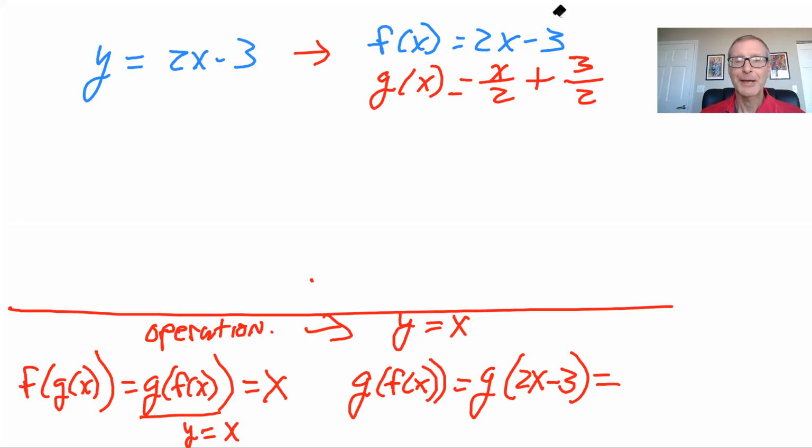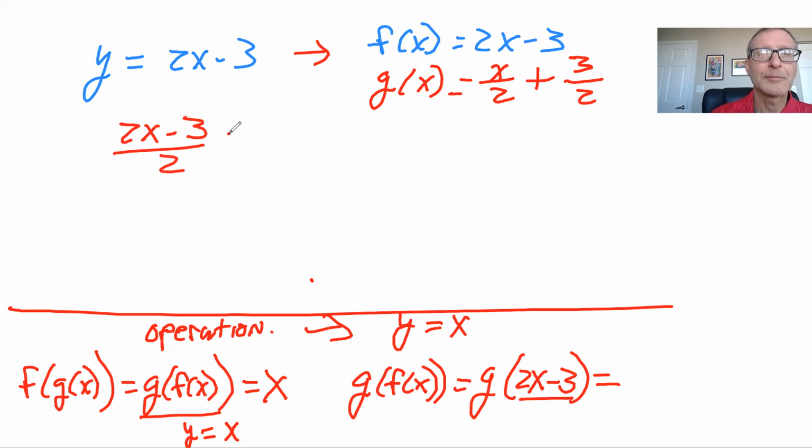Okay, back from my erasing. When we plug that in, wherever you see x in g, you plug in the 2x minus 3. So this would be 2x minus 3 divided by 2 plus 3/2.